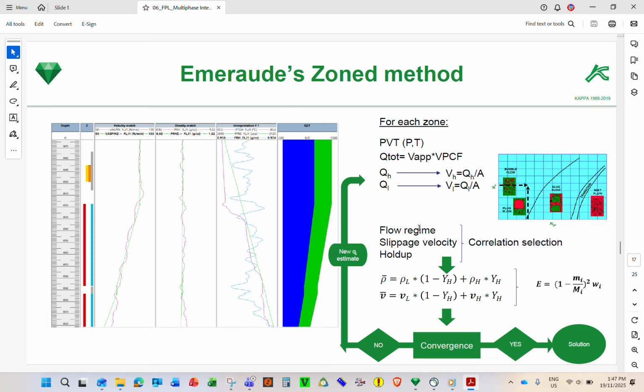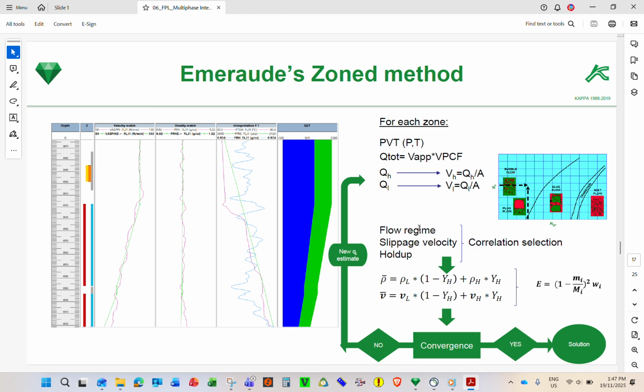It's almost the same as the model that we have seen. But from this one, you can get the holdup from the density, and from the holdup you get the slippage velocity. From this point, you know the heavy phase and light phase velocity, and then you calculate QH, QL. So it's the other way, and you do this for each calculation.